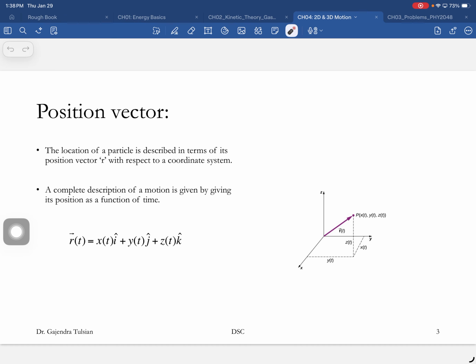And from this description, what is it that you're interested in extracting? Velocity and acceleration.